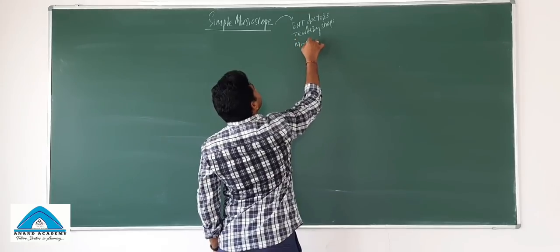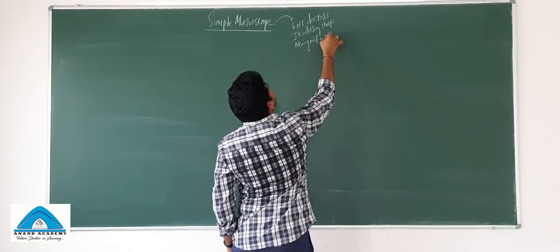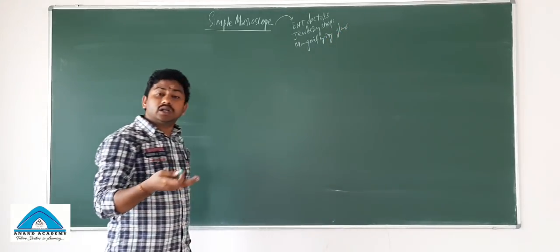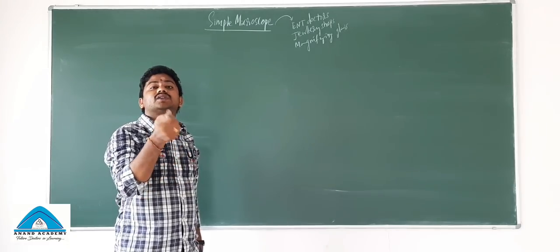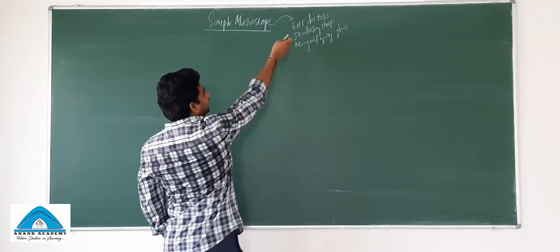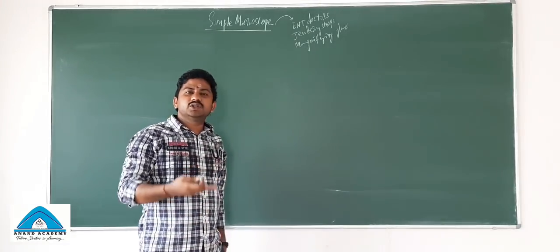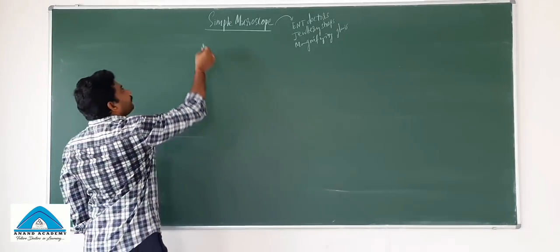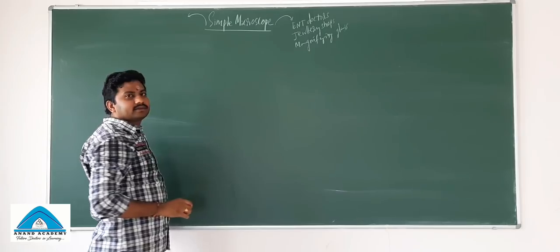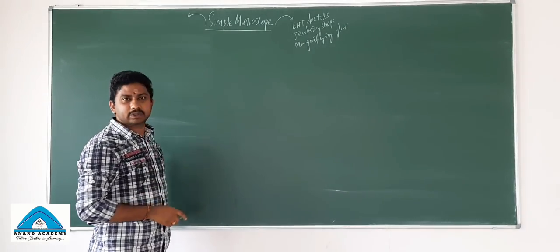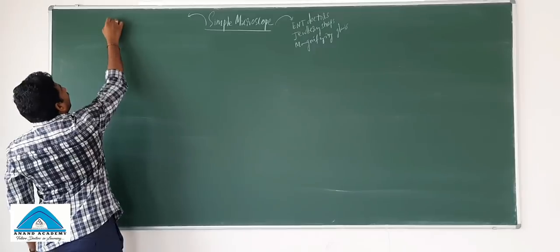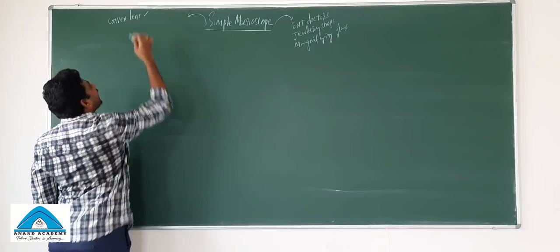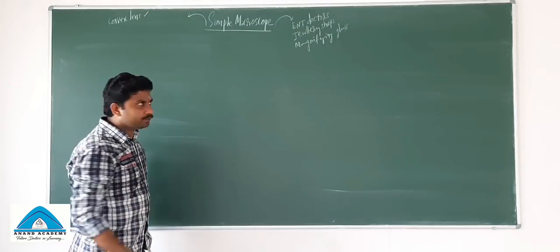It is used as a magnifying glass in our domestic purpose or in the hand of astrologers. And this same simple microscope is used by the watchmakers in watch repair shops. And the concept behind this, a formula behind this simple microscope, is there is a convex lens involved here. A single convex lens is involved.